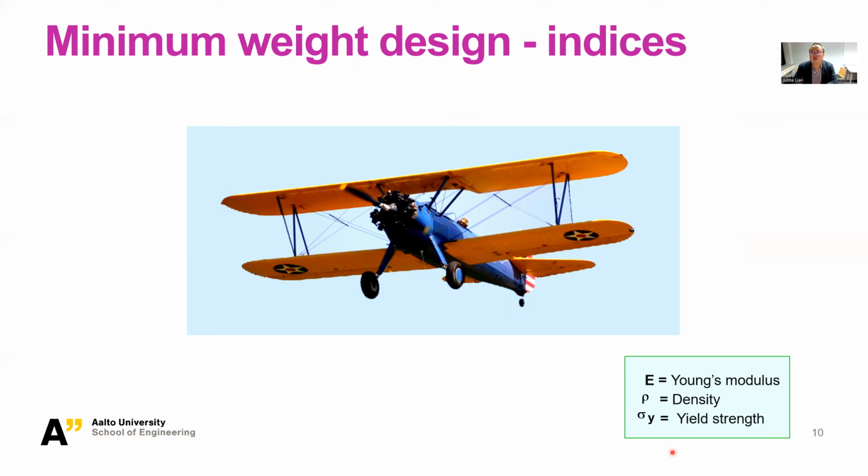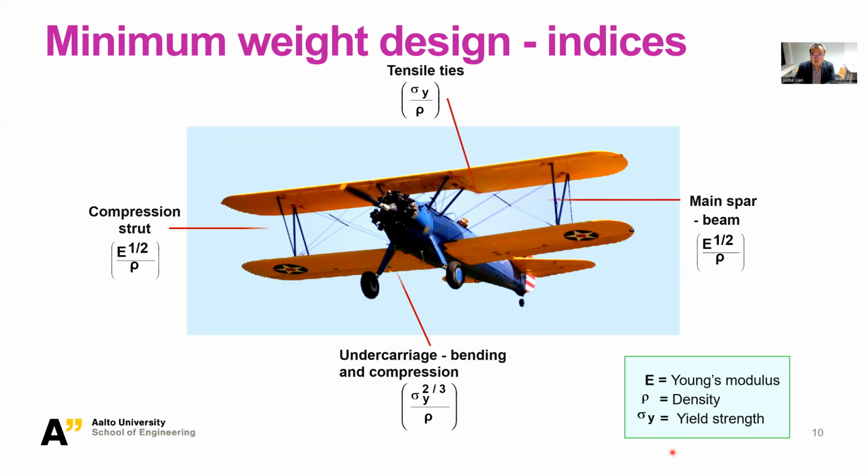Here I'm going to show you a few more examples that are all related to minimizing weight design, and they're all related to a group of material indices. A very good example is an airplane, because this kind of component involves many structures characterized by different mechanical requirements.